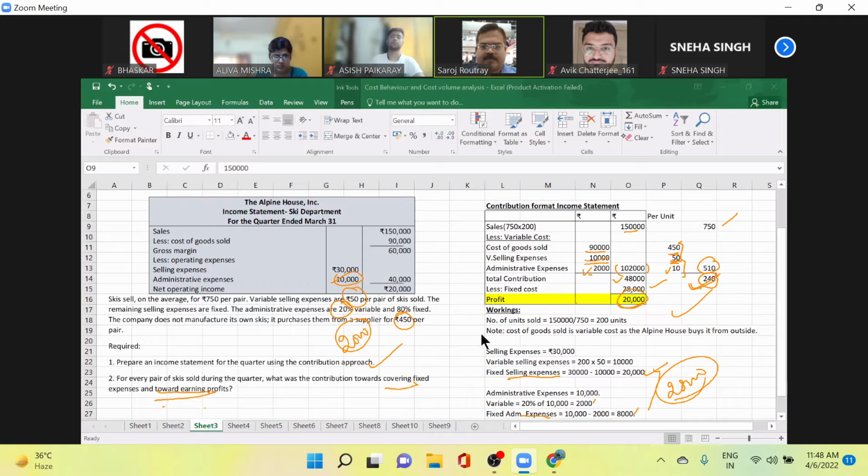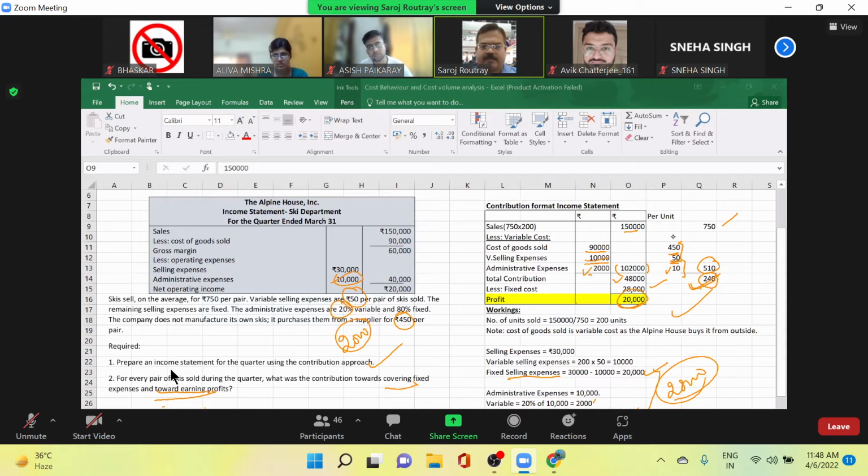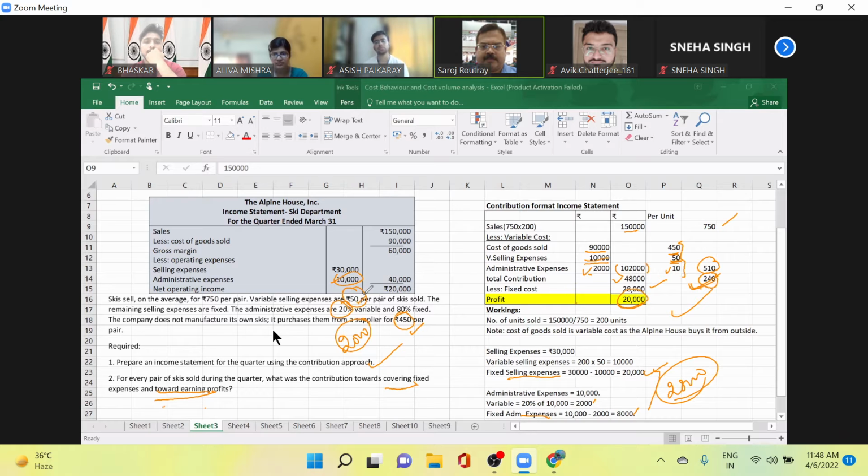So for finding the contribution margin, we have to deduct all variable expenses, right? So we have variable expenses like 450 cost of goods sold, because for every unit you buy, you have to pay 450. Then 50 variable expenses per ski sold, variable selling expenses, it may be commission or something.